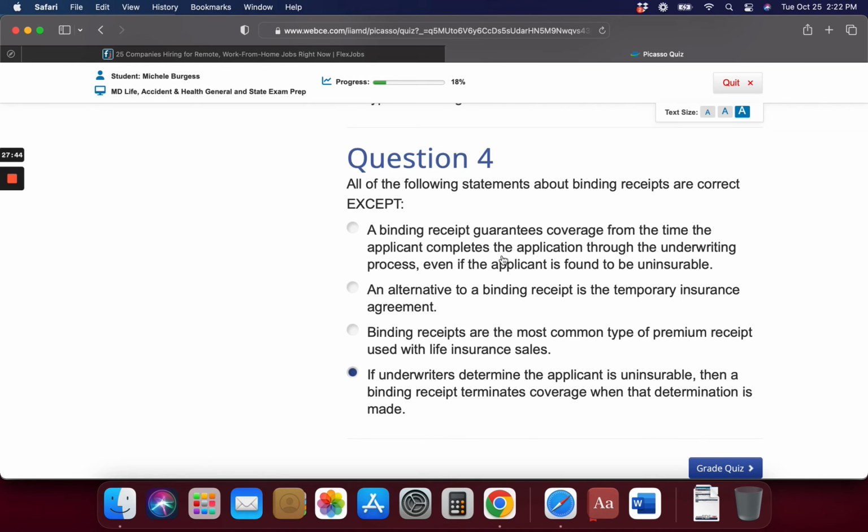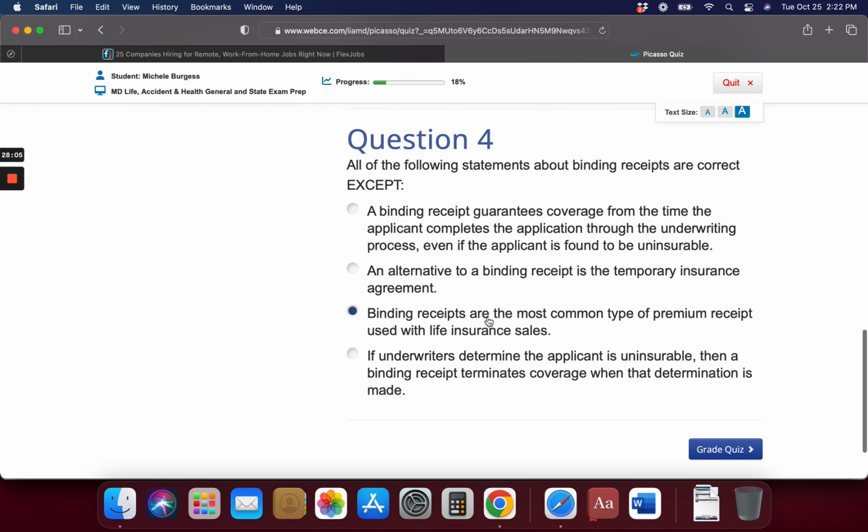That could be with the binding receipts. Okay, I think it's this top one. Binding receipts are the most common type of premium receipt used. Okay, I'm going to go with that because this is the one that's supposed to be wrong.